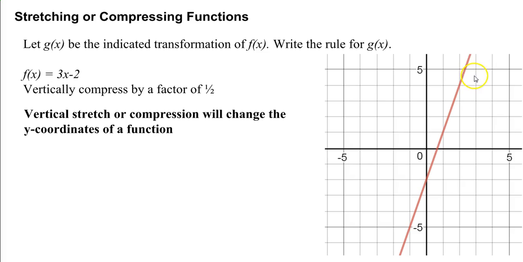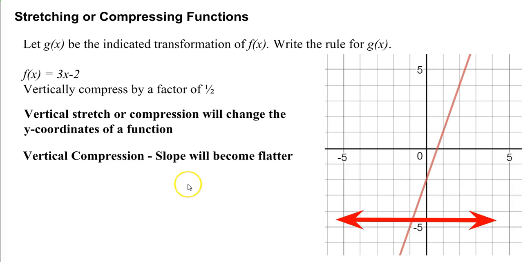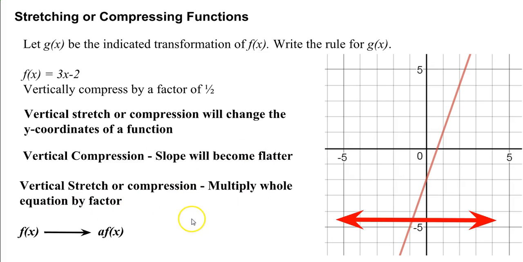It's going to make it level out because we're pushing down on here, we're pushing up on here. Our slope will become flatter. Vertical stretch or compression, we're going to multiply the whole equation by the factor. So again, f of x changes to a, the factor, times f of x.